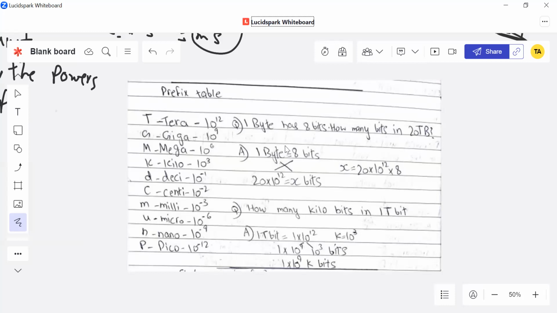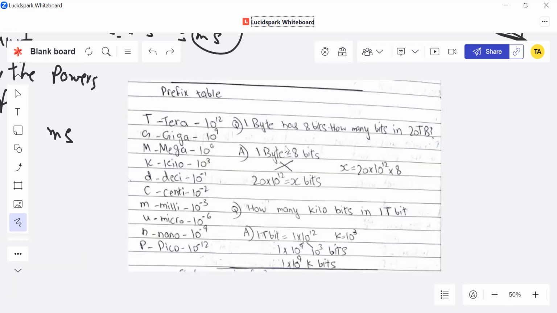Prefixes, you'll find in biology, in maths, as well as physics. Not really in chemistry, but biology, maths, physics, you'll find prefixes. What are prefixes? Well, you know, meters, millisecond, microsecond, millimeters, decimeters, all that. Centimeters, centimeter is very popular.